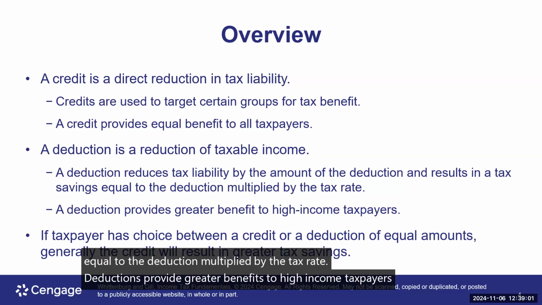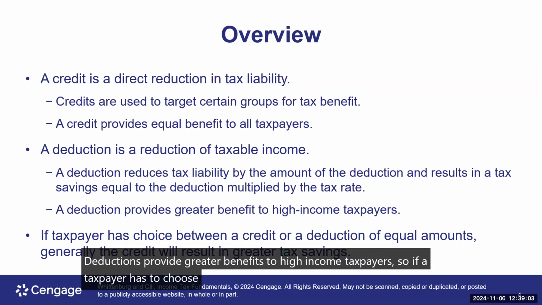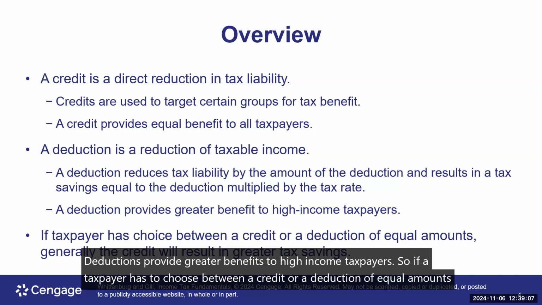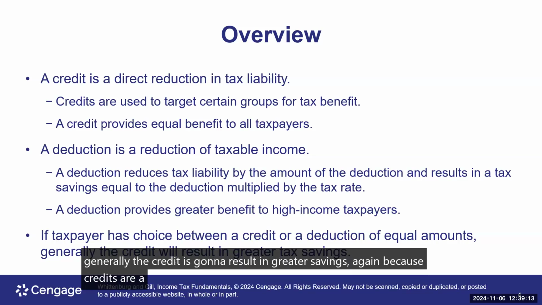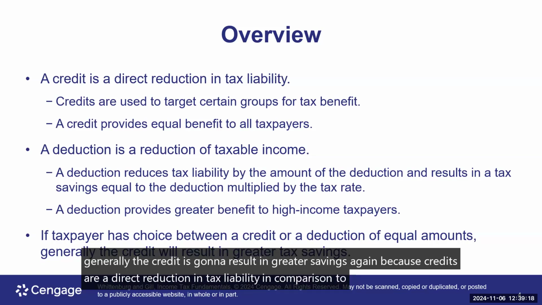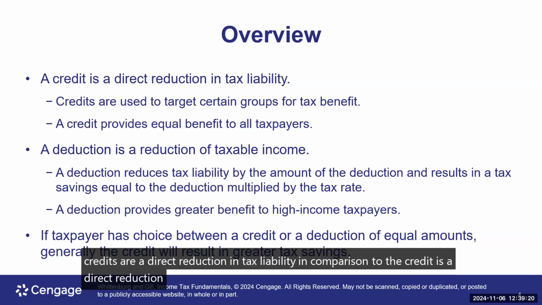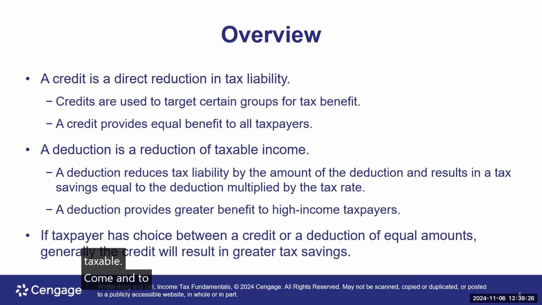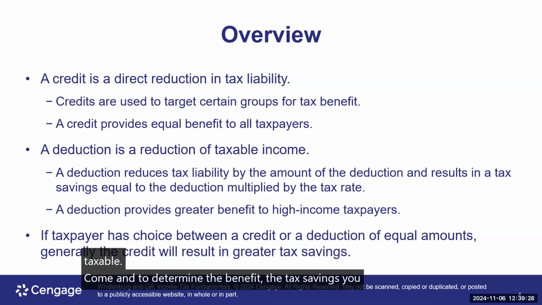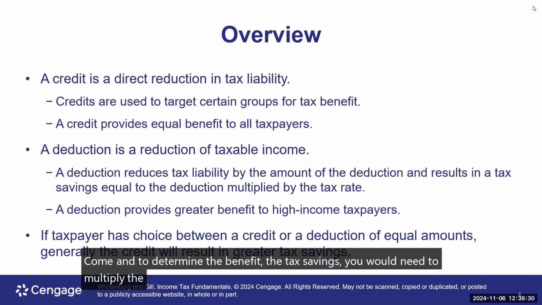So if a taxpayer has to choose between a credit or a deduction of equal amounts, generally the credit is going to result in greater savings, again, because a credit is a direct reduction in tax liability, whereas a deduction is a reduction of taxable income. And to determine the benefit, the tax savings, you would need to multiply the amount by the tax rate.